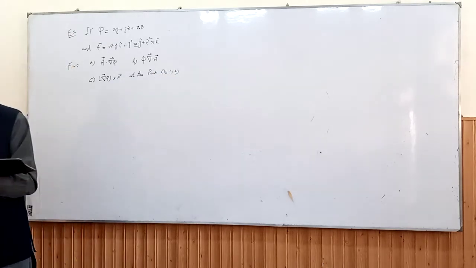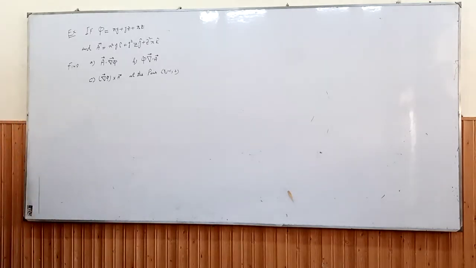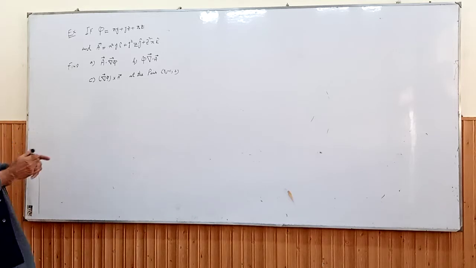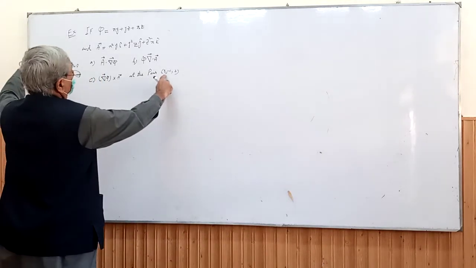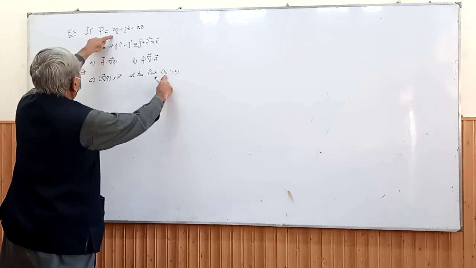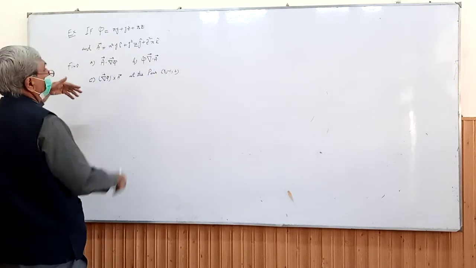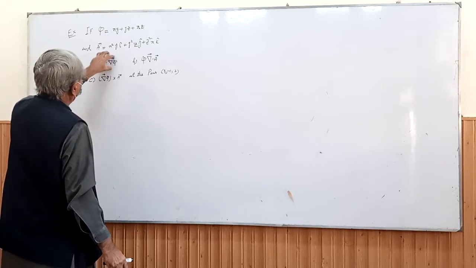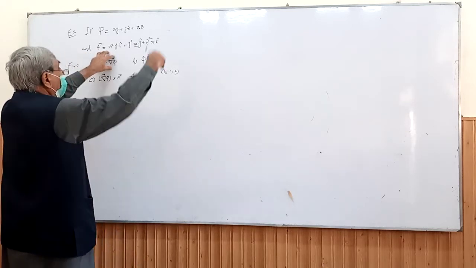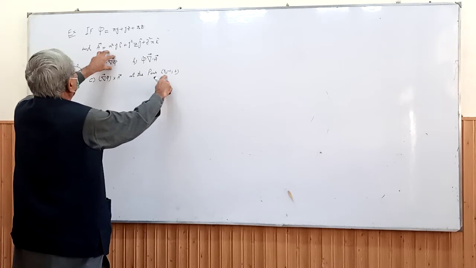Now, before I take this problem, be careful. Some people first put these values in and then solve the question. That's wrong. First you have to solve it for the problem, and at the end you put in the values for the point.